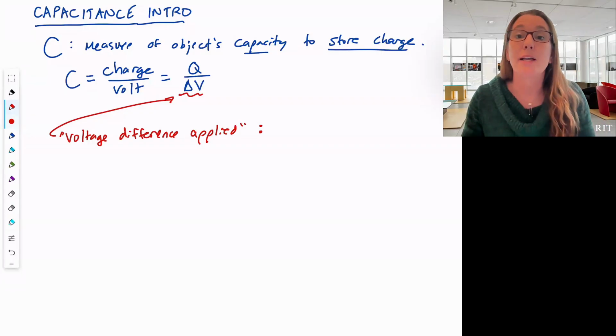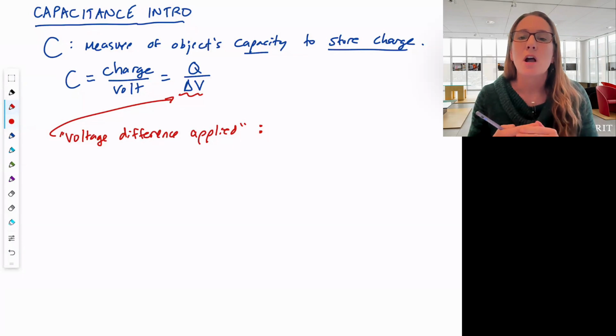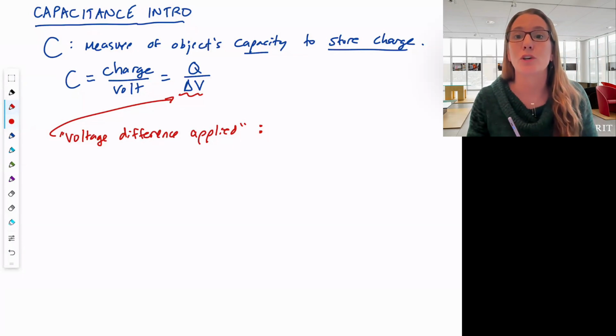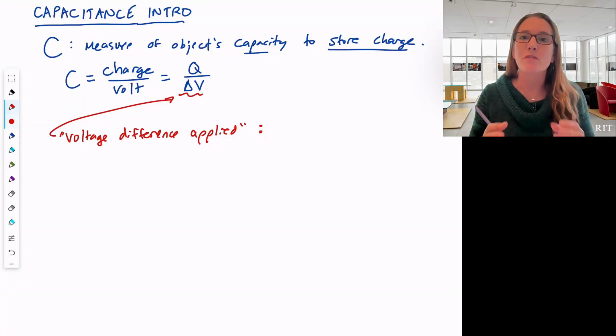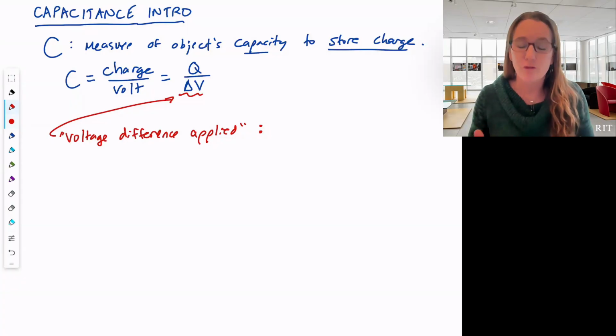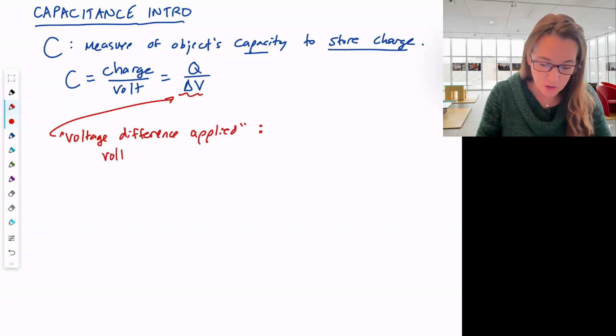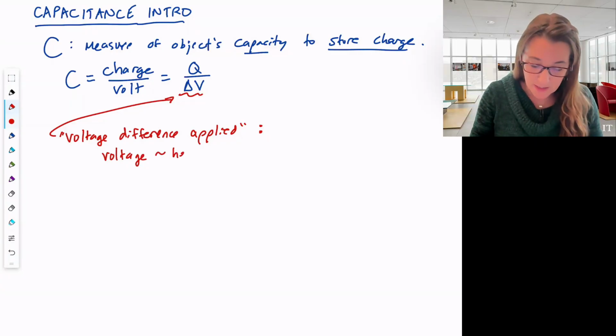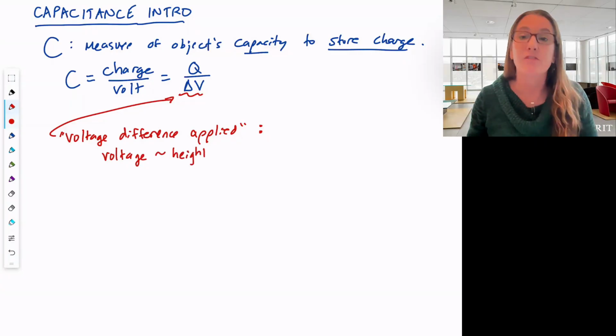We really want to visualize and think about what this means in order to understand not just capacitance, but some of our future modules related to circuits as well. When we've applied a voltage difference, think back to the analogy of voltage to the contour lines of the earth. It's very similar to the idea of height.